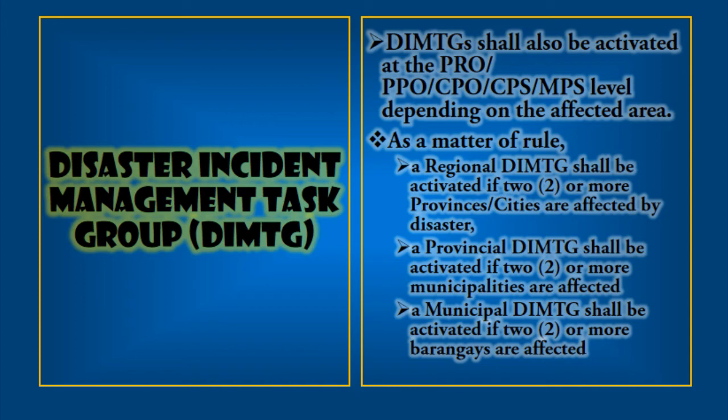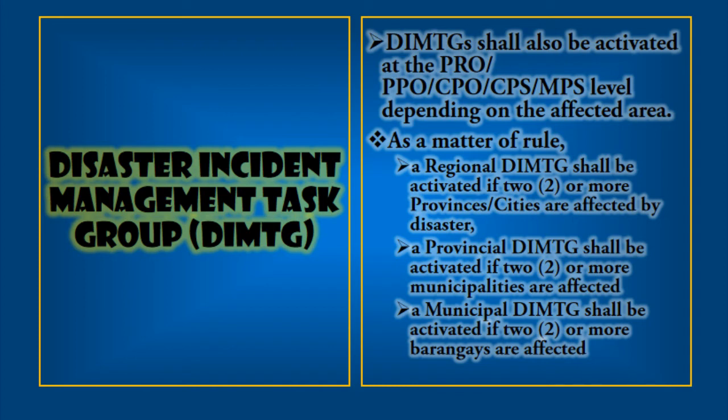Provincial DIMTG naman ang ma-activate kapag involved dyan is 2 or more municipalities naman. Okay? So, apektado ang munisipyo ng, ano ba ang mga munisipyo dito? Okay? Sa Cavite. So, apektado ang munisipyo ng Tanza, okay? Municipality ng Imus or City of Imus. So, yun, dalawang munisipyo ang involved. So, that is to be activated yung provincial DIMTG.